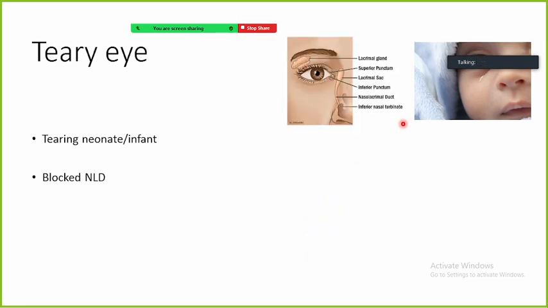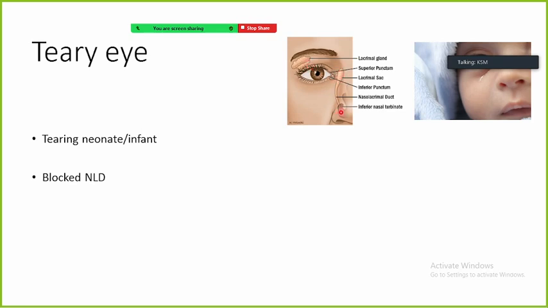In the nasolacrimal duct, there are congenital flaps, like the valve of Hasner and the valve of Muller, which prevent the normal flow of the tears.